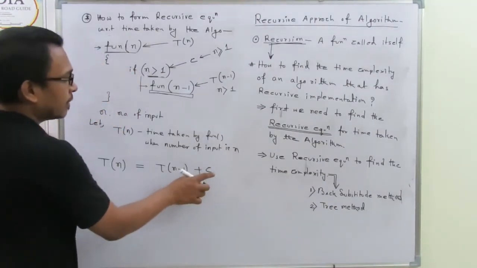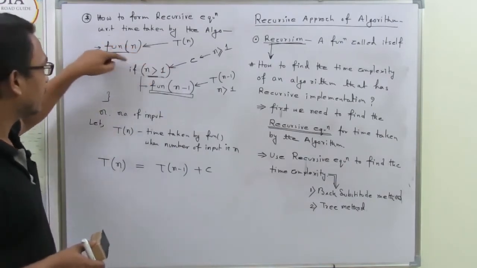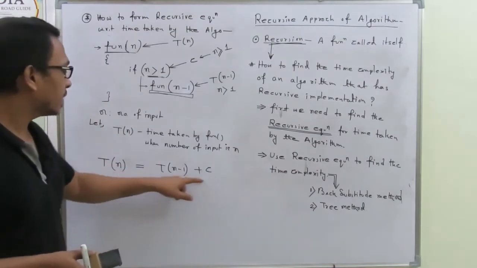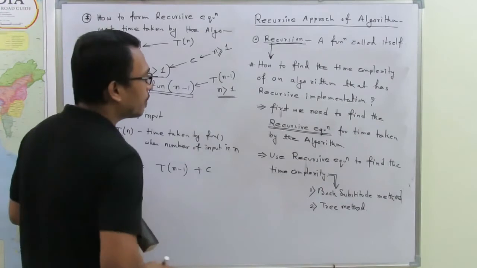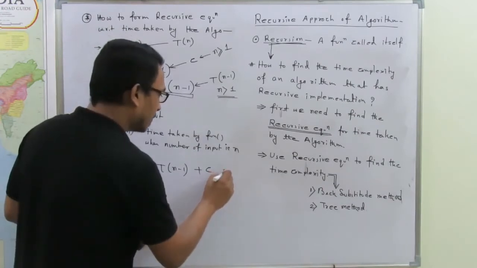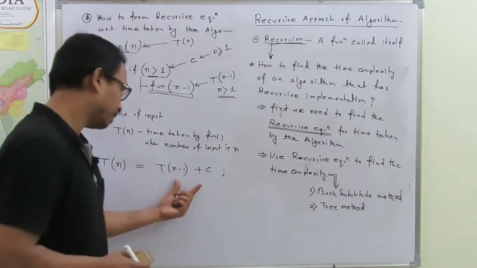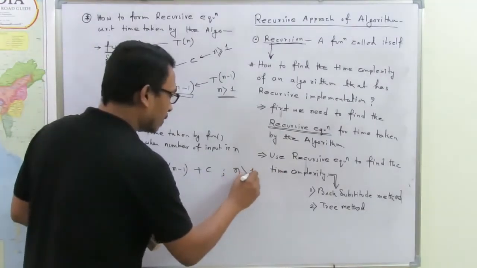Why this c? This c is for the purpose of the condition checking. And this happens only when the number of inputs is greater than 1.